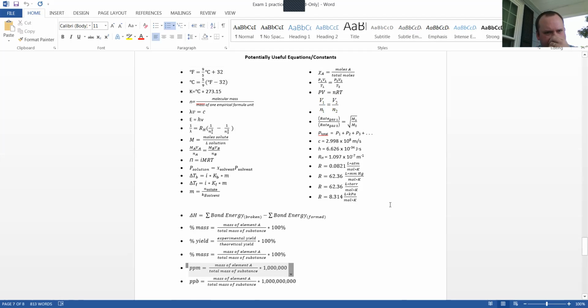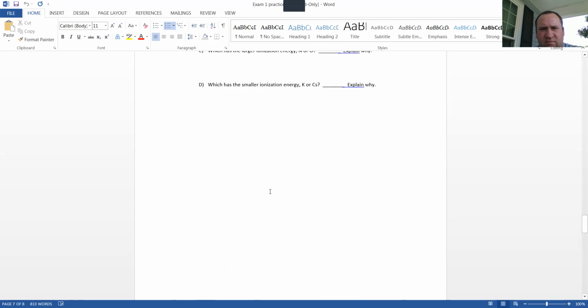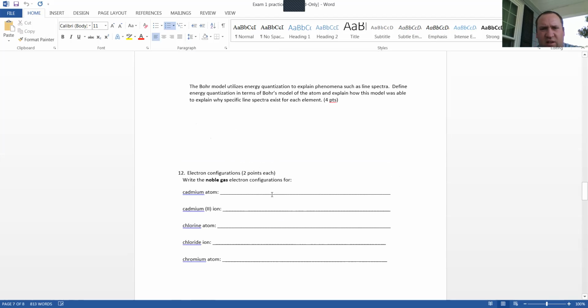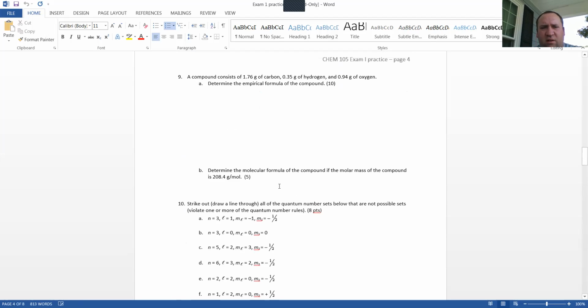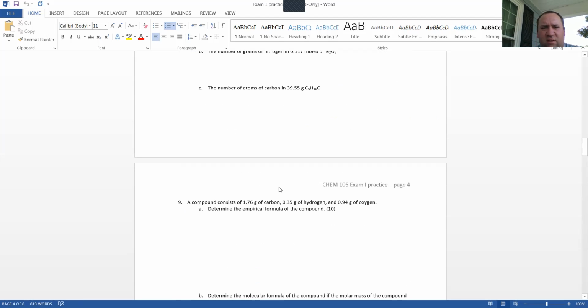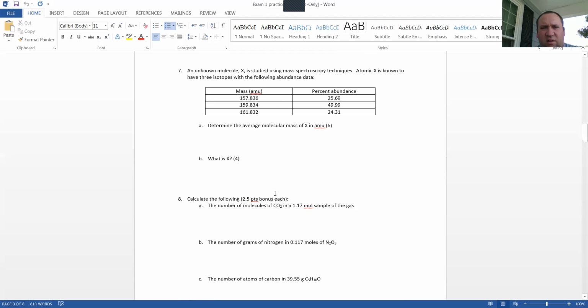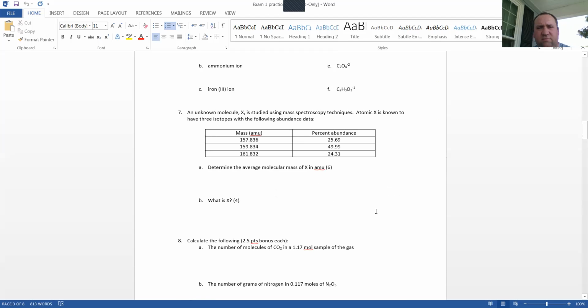Okay, this is the one I think I got hung up on. It says an unknown molecule X is studied using mass spectroscopy techniques. Atomic X is known to have 3 isotopes with the following abundance data.